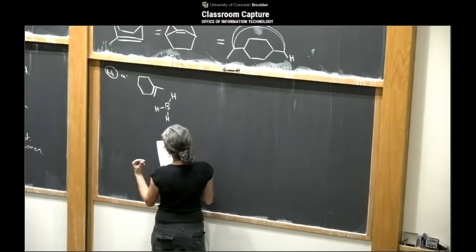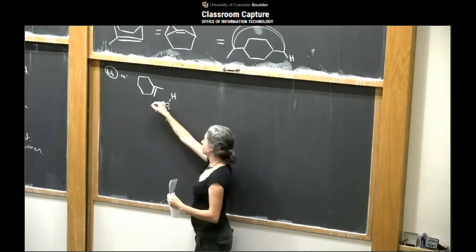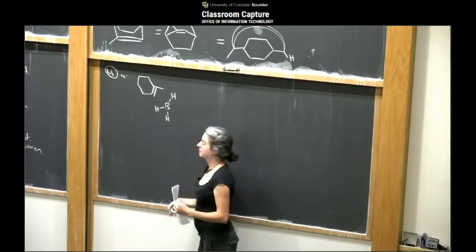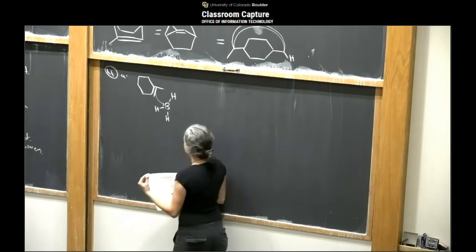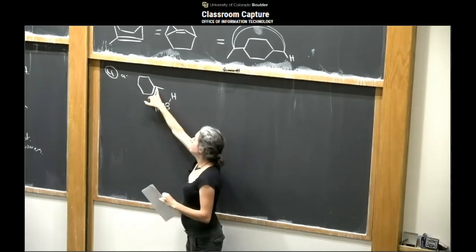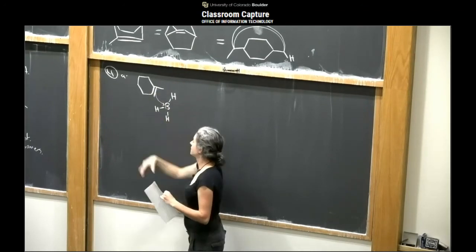Okay, so if you remember, the way that this works is the boron has an unfilled octet. It's got space for extra electrons coming in. So when the attack comes from the alkene, it's going to go straight there. But if that were all I did, this carbon would be left missing electrons. It would have a positive charge.